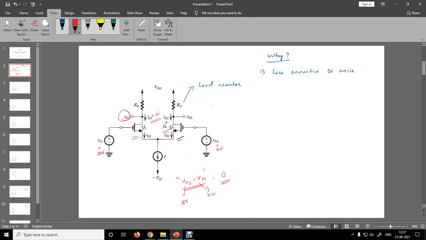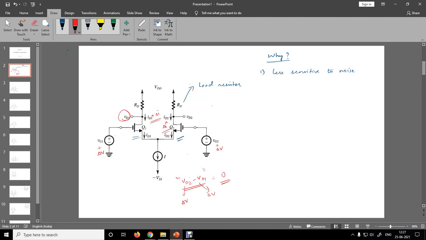So if some noise gets introduced to your VG1, your VG2, that noise will obviously be reflected in your drain currents. And when you take the drain voltages VD1 and VD2, the noise appears in your output voltages.